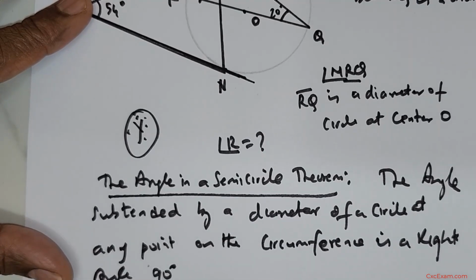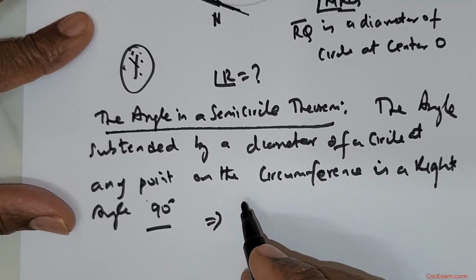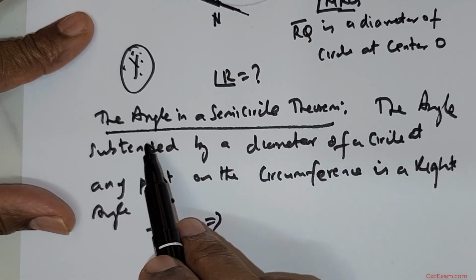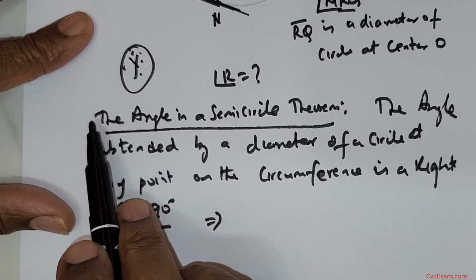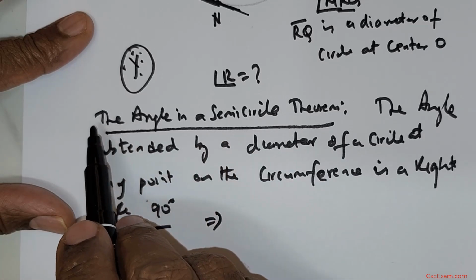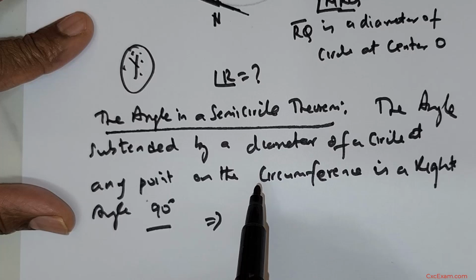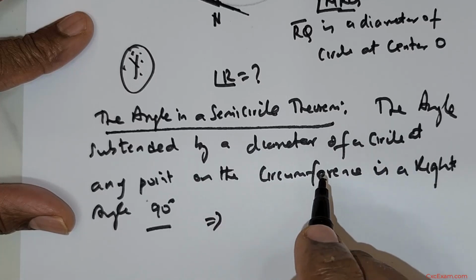You don't have to state the theorem, but you have to state the name of the theorem, stating that by angle in a semicircle theorem. Now this is given for your understanding.